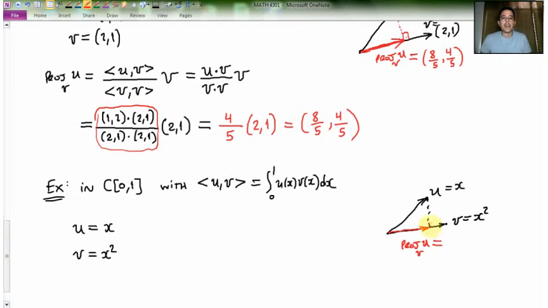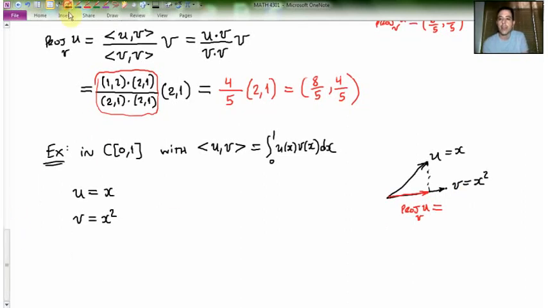Notice that without calculating the projection, I know that projection is in the same direction as v. So whatever this vector is, it will be a multiple of v. So it will be a scalar times x squared. In other words, whatever I get here will be a quadratic polynomial. It will be just a number times x squared, because it has to be in the same direction as x squared.